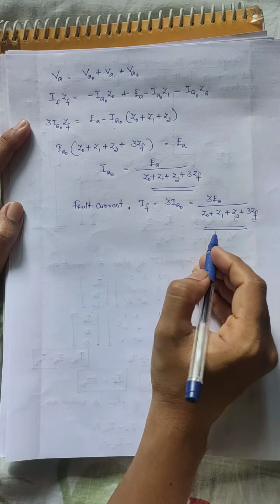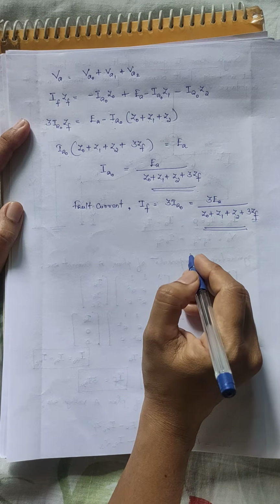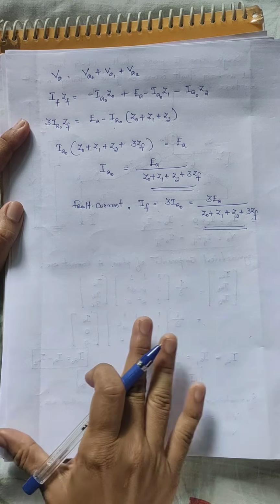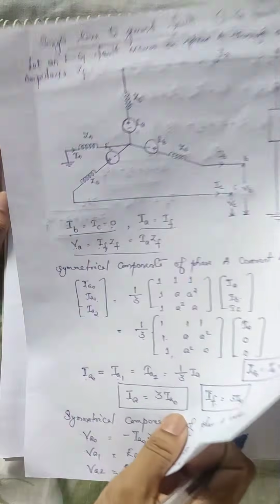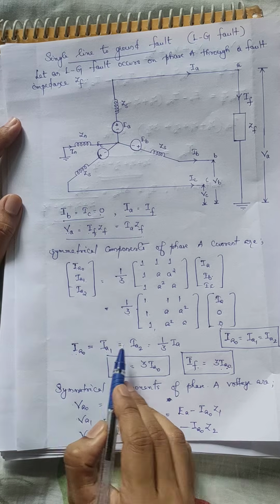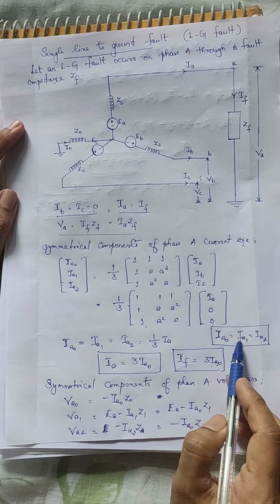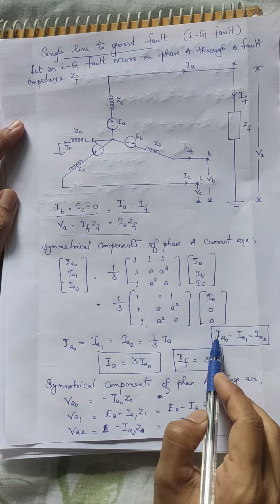Now we have to draw the sequence network corresponding to the single line to ground fault. We have calculated the equation for fault current, and we also have to draw the sequence network. For that, we have a relationship, that is IA0 is equal to IA1 is equal to IA2. So all the sequence currents are the same.